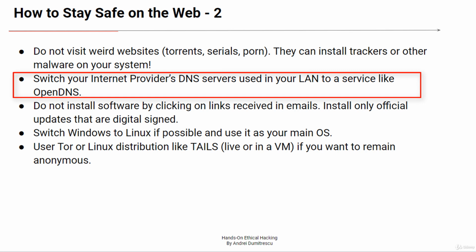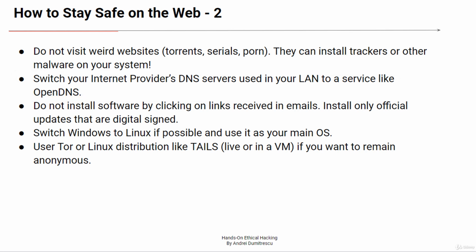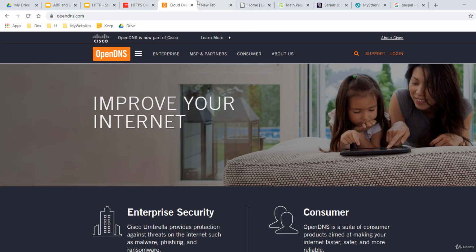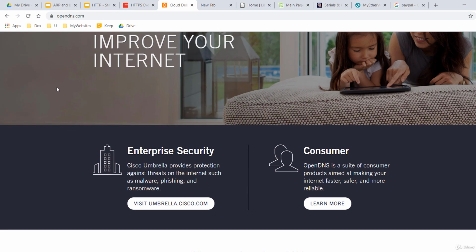Switch your internet provider's DNS servers to a service like OpenDNS. It will make your internet faster, safer, and more reliable. It comes with domain filtering or pre-configured protection against malicious domains.